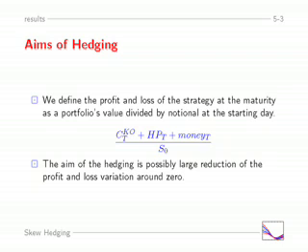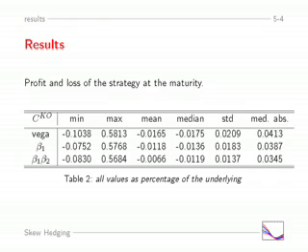So what we compare is our knockout option together with hedge portfolio, together with money, and we norm with the underlying price when we establish our hedge. So these are our results.